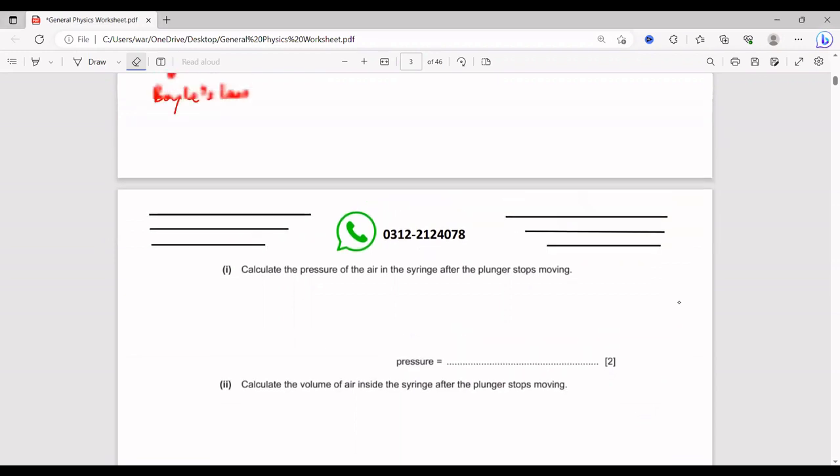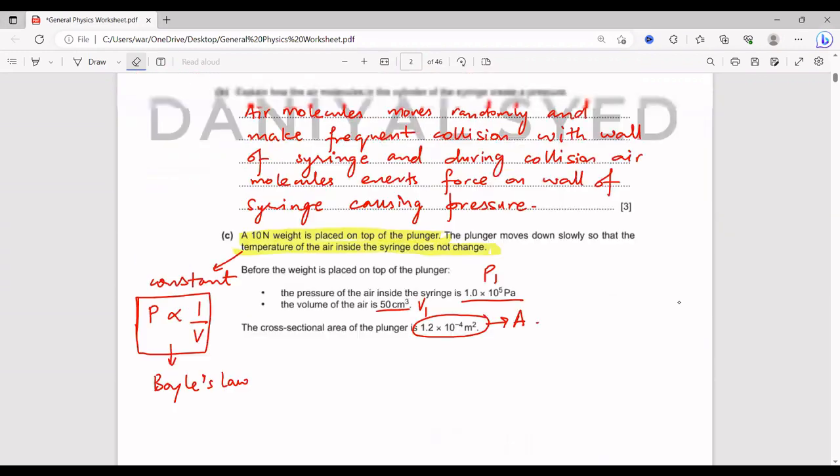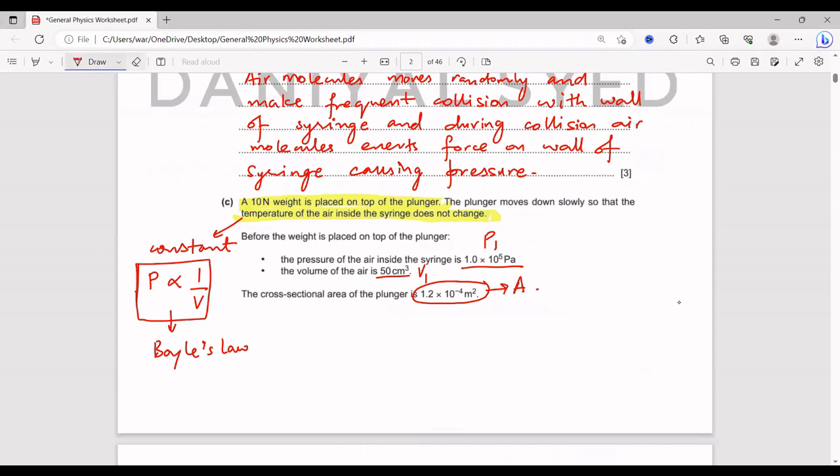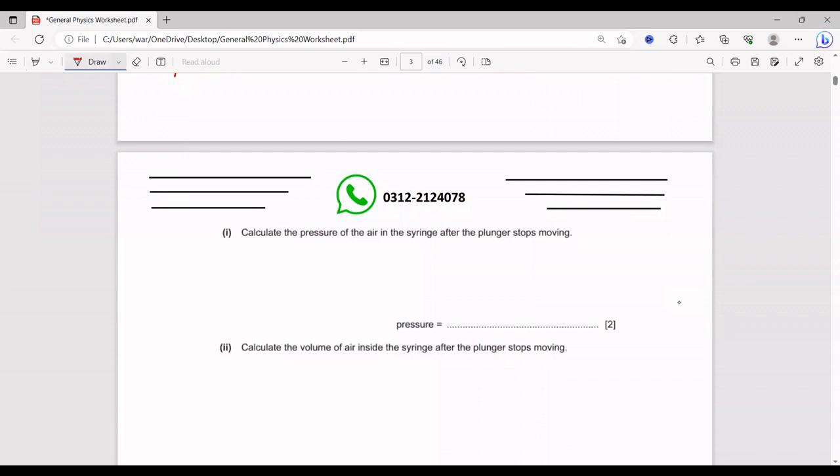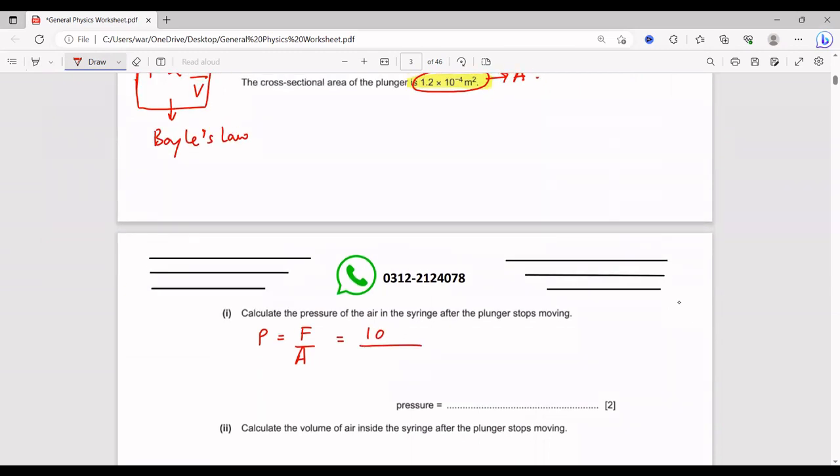So, students, the force of 10 Newton is applied on the plunger, and the cross-sectional area is given to you, which is 1.2 exponential minus 4. So what we have to do? We have to use the equation pressure is equal to force over area. Force is 10 and the area is 1.2 exponential minus 4.